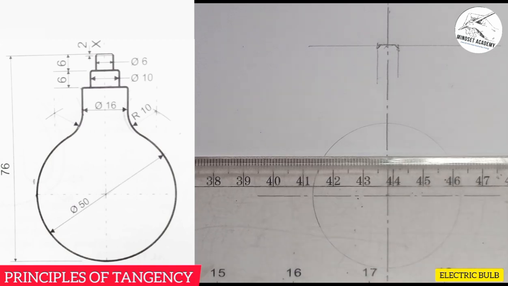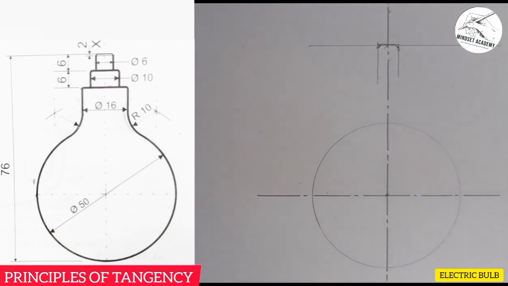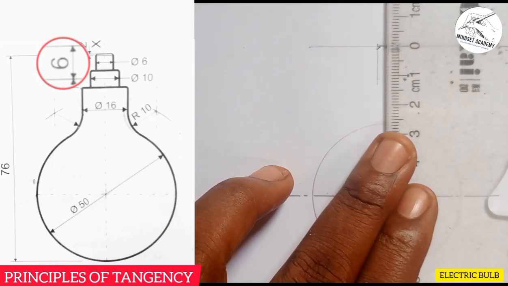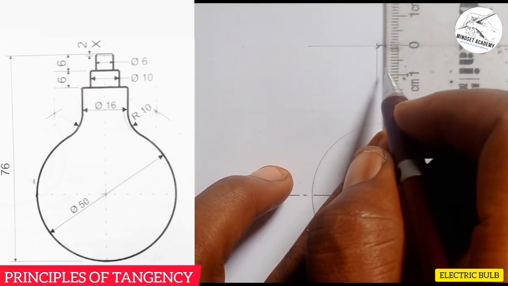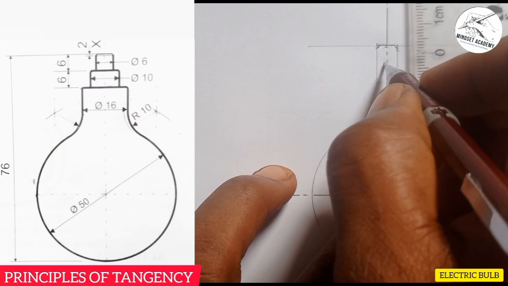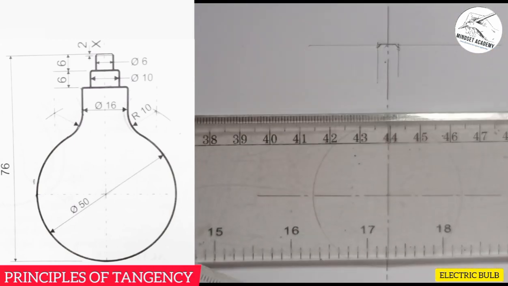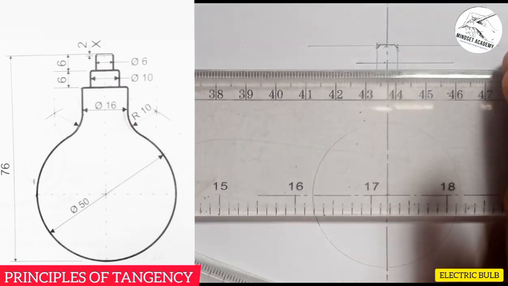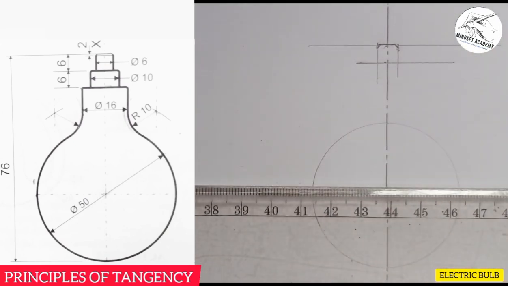Then the next height you see is going to be 6. So I'm going to measure 6 from here, from 0, and I'll draw a line this way. And what do you notice again? The thickness of the next one is given to be what?